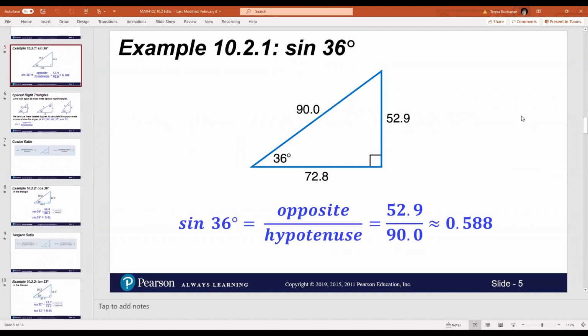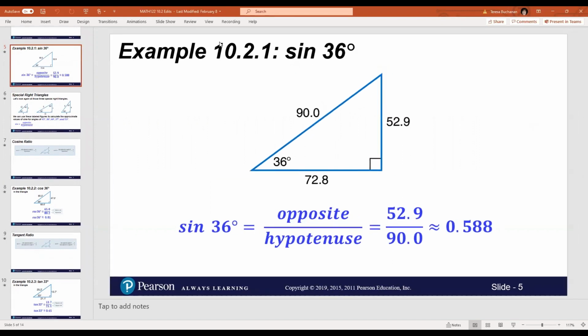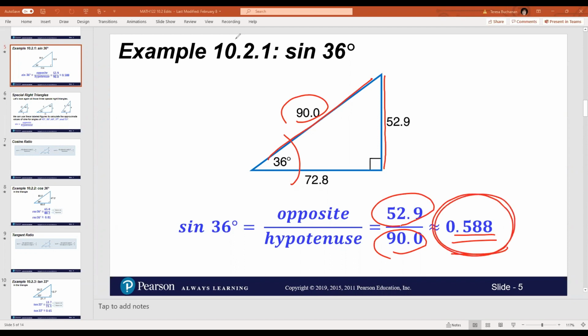So we would say here, for example, in this triangle, the sine of that 36-degree angle is the length of the opposite side, the 52.9, over the length of the hypotenuse, 90, which amounts to about 0.588. What's interesting and important here is that this number is not only true for this particular triangle.